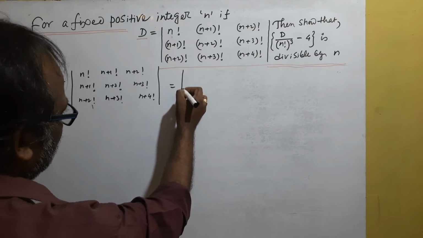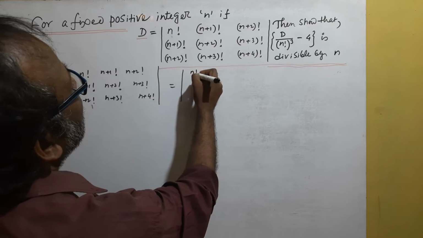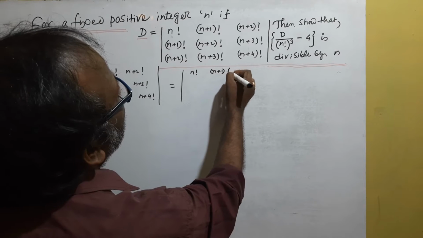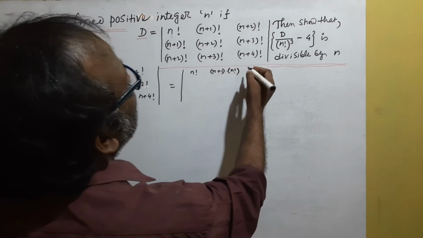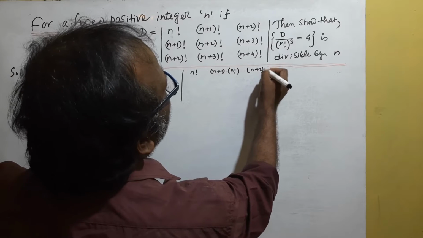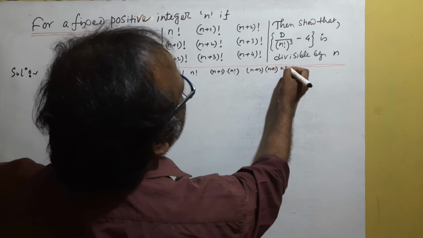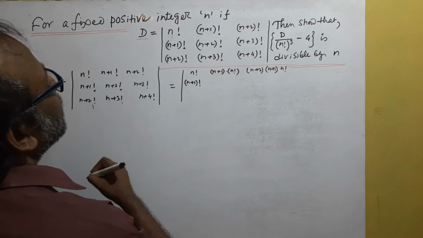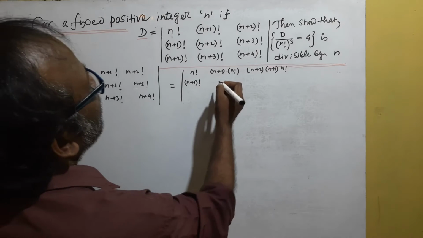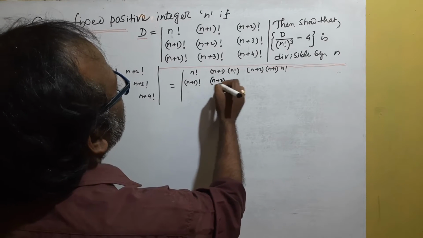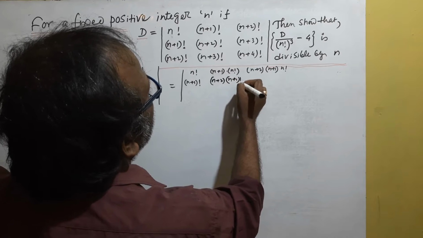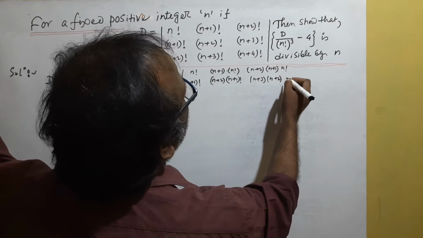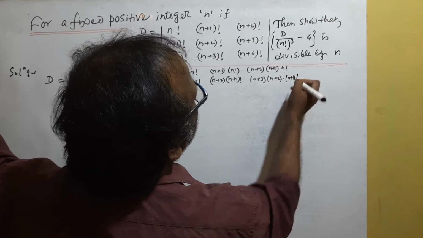This is factorial n, and it can be expanded: n plus 1 into factorial n, then n plus 2 into n plus 1 factorial, and n plus 3 into n plus 2 into n plus 1 factorial.